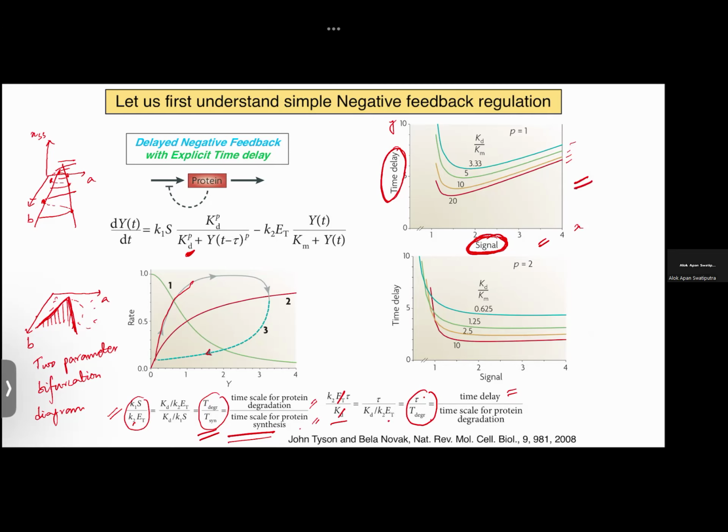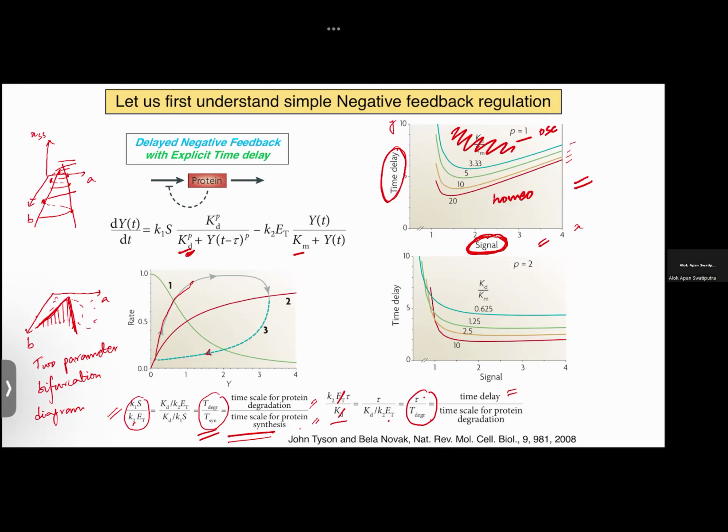And if you put some numeric values to the system, for example, if you put P equal to 1 and different values of Kd by Km, whatever is away from the origin on the line, that is your oscillation. And whatever is below a particular line, that is your homeostasis, which I showed you.